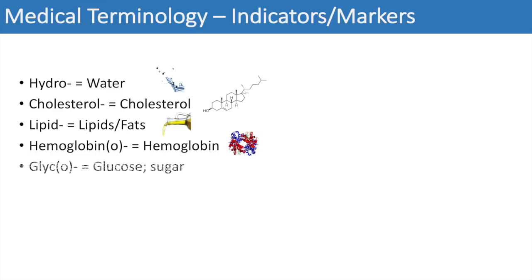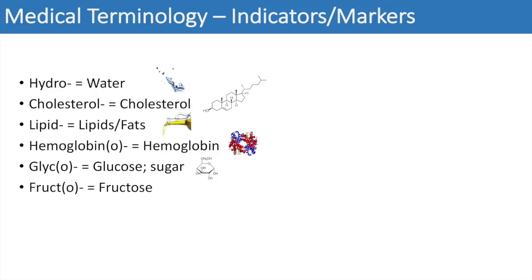Another one is glyco, which stands for glucose, or sometimes just a general sugar. But you can think of hyperglycemia. These are very common things you might hear of: hyperglycemia, hypoglycemia, high or low blood sugars. So the next one is fructo, which just simply stands for fructose.